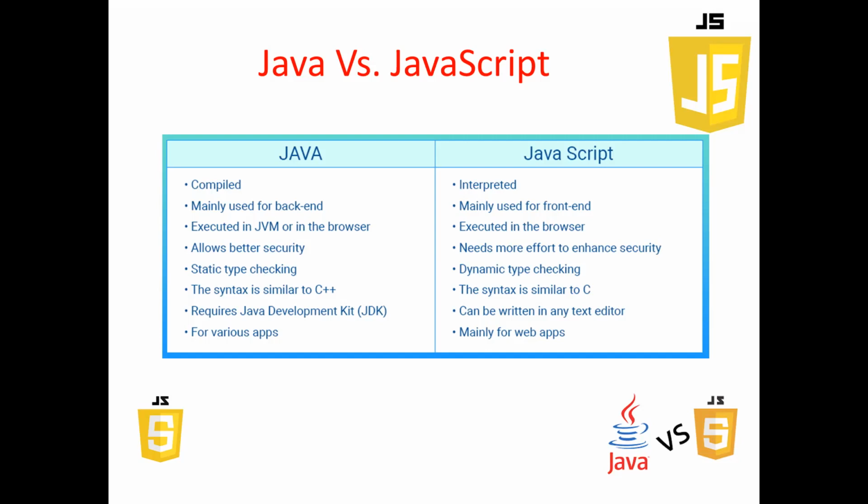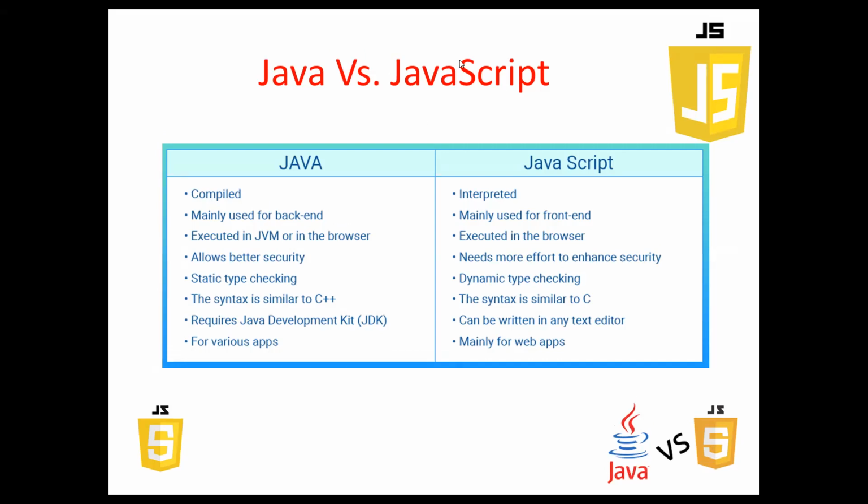Then there is static type checking and dynamic type checking, which you should learn. For example, something static cannot be changed, so you have to rewrite each and everything. You have to do static things in Java, but in JavaScript you can make any change dynamically.